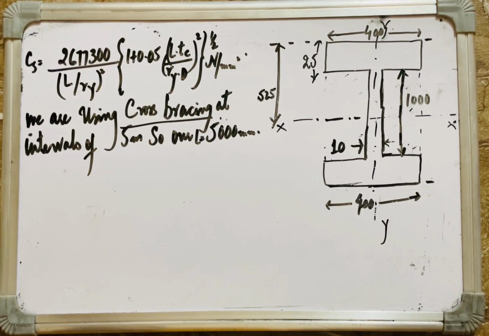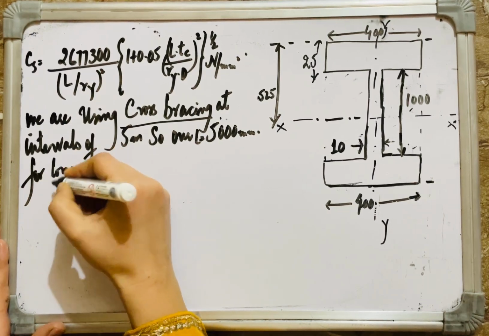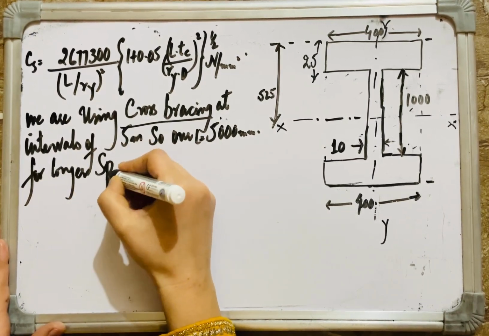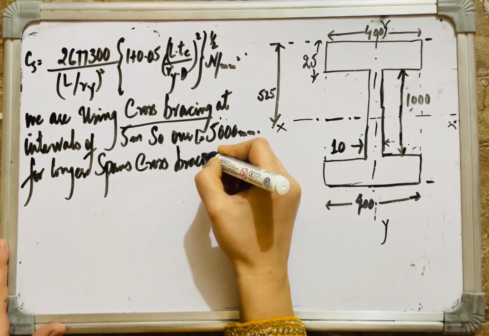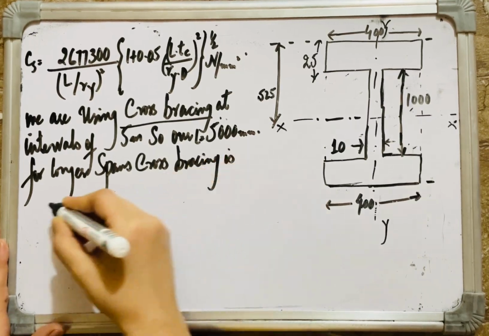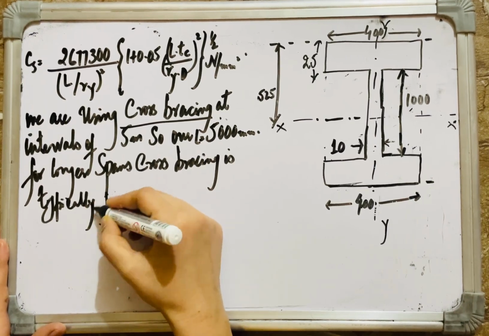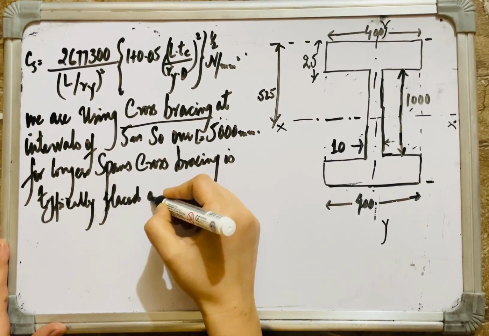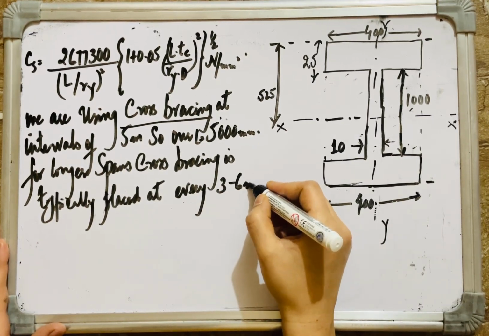For longer spans, cross bracing is typically placed at every 3 to 6 meters along the bridge.